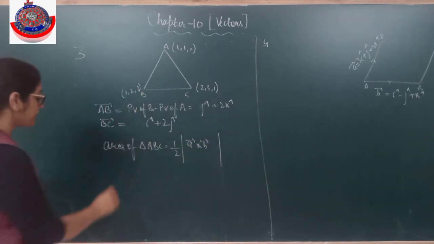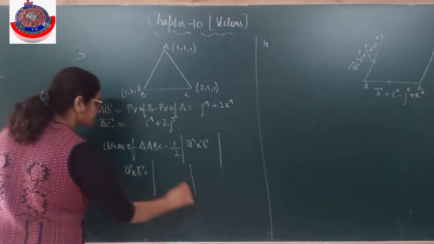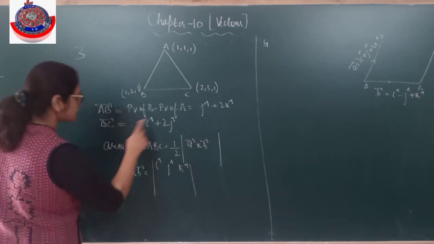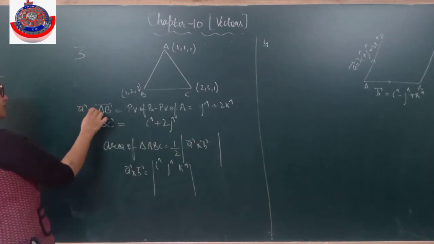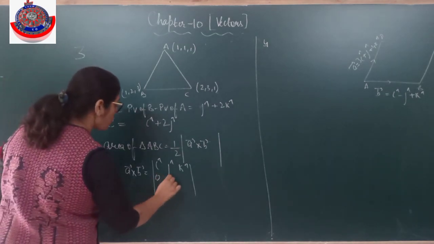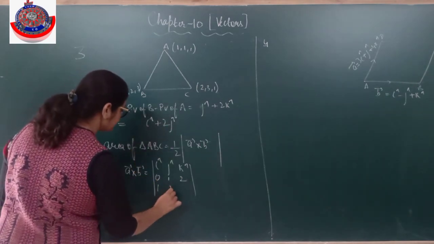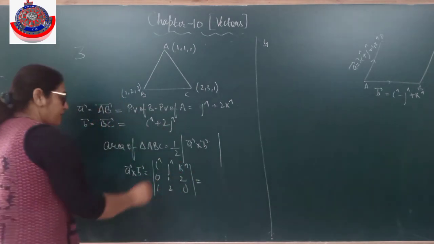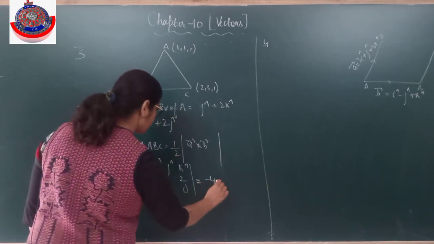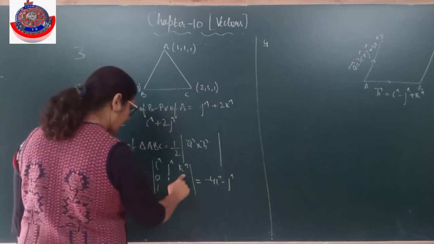So first of all, I need to find out A vector cross B vector. How do we find A cross B? Suppose this is I am representing by A, this is I am representing by B. So it will be 0 1 2. It will be 1 2 0. So I'll find I cap into 0 minus 4. So minus 4 I cap minus J, it is 0 minus 2.